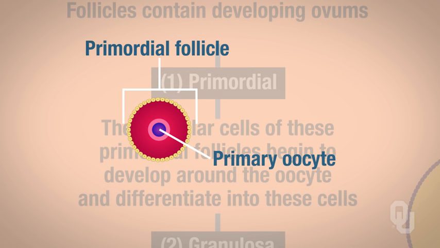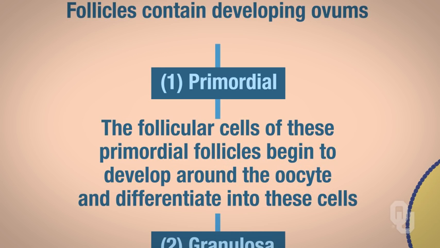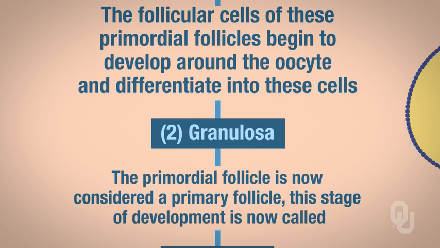Now, in the follicular phase, the follicular cells are located on the outside of the primordial follicle. So these are the follicular cells. The follicular cells start to develop around this oocyte, and you can see them around that primary oocyte. Those follicular cells are then going to differentiate into another type of cell called granulosa cells.